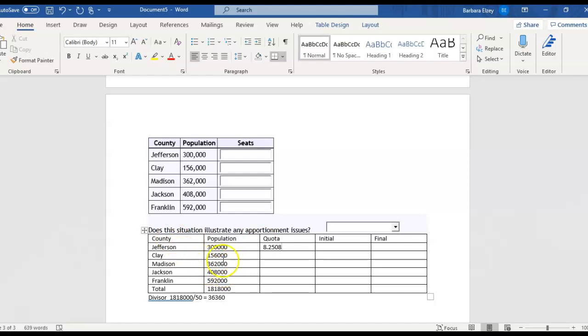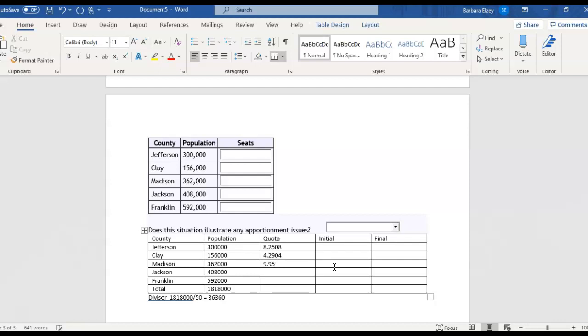And now let's take our 156,000 and divide it by 36,360. And that ends up being 4.2904. And then let's do our 362,000 divided by 36,360. And that ends up being 9.9560.